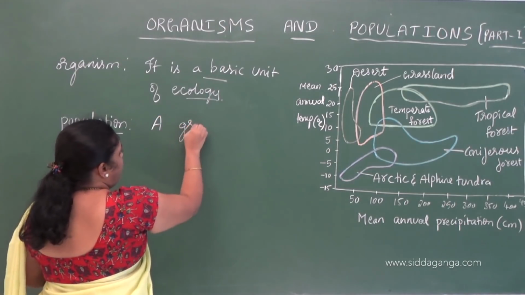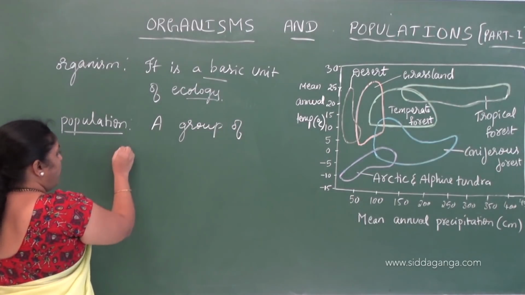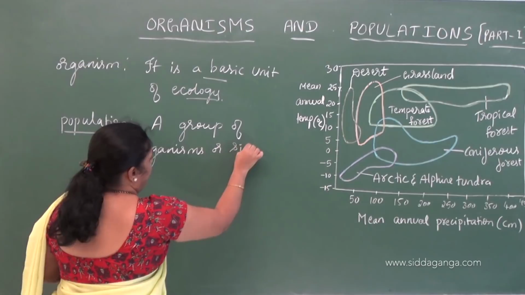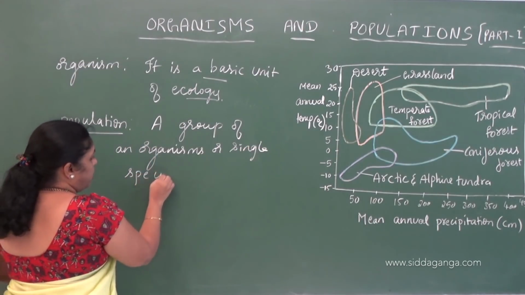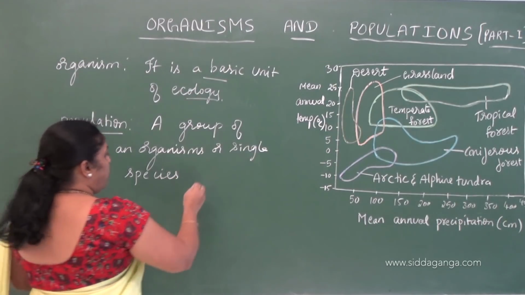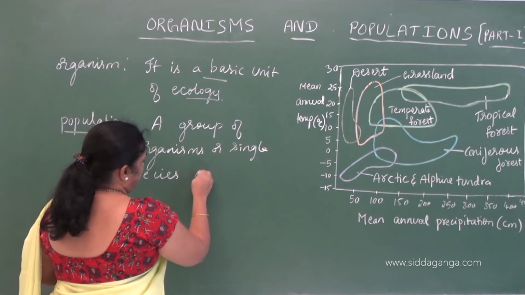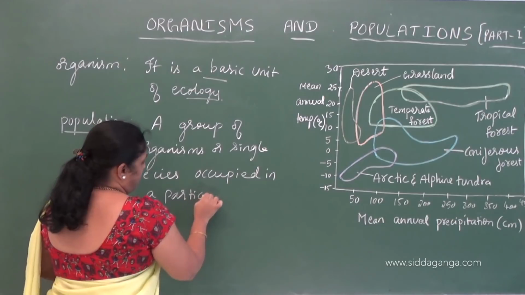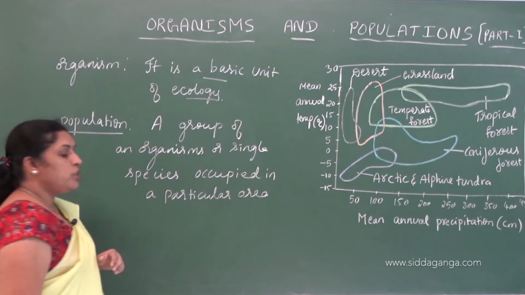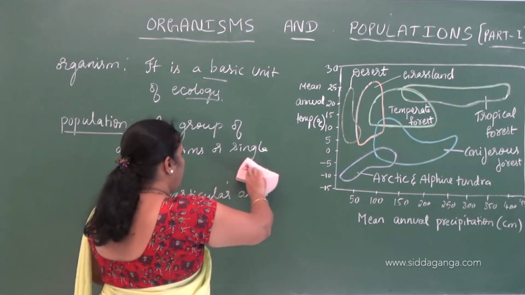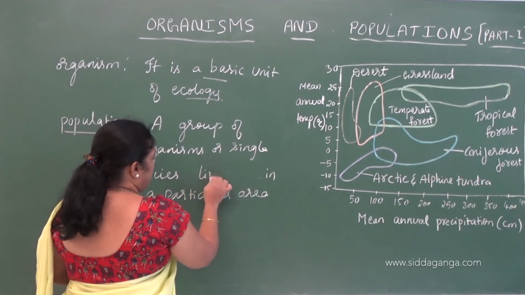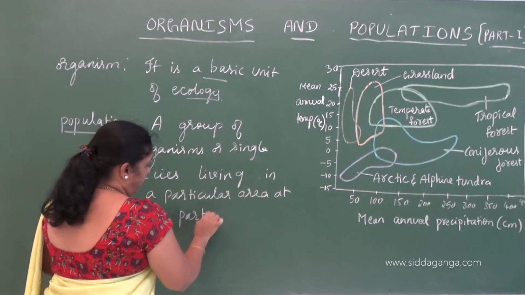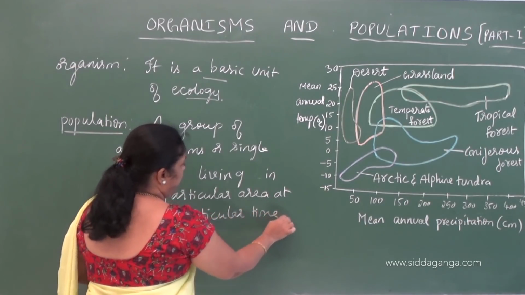It includes a group of organisms or a single species occupying a particular area, or living in a particular area at a particular time. This is the definition of population.